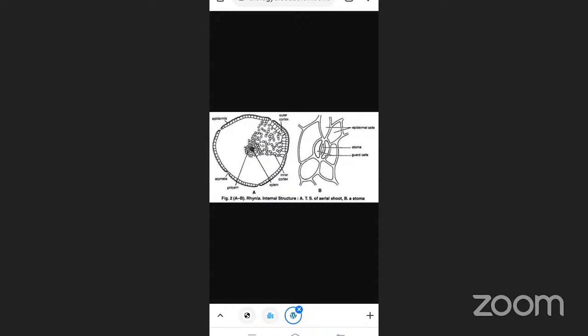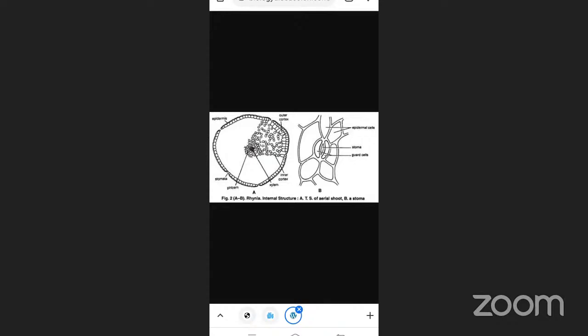Such a differentiation was less in the rhizome. The hypodermis consists of 1 to 4 layers of cells. These are large, thin-walled, parenchymatous and angular cells without any intercellular space. That one is the hypodermis.